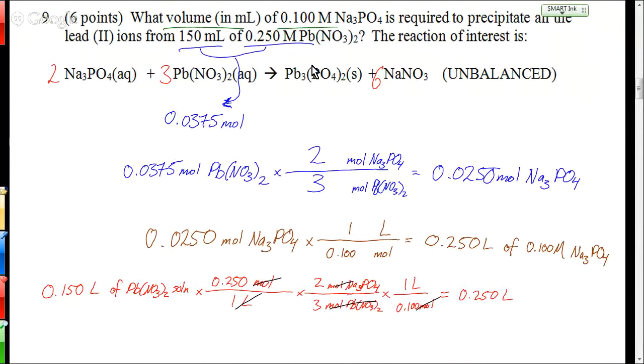One key with this, when you look at these different solution ones, it's really easy to try to jump to that M1 V1 equals M2 V2 thing, because that's so handy when it works. But that's really only for dilutions. It's true that you can do that this way if you put in a molar thing too to correct for the mole ratio. But if you just do it as is, M1 V1 equals M2 V2, it's not going to work in stuff like this. The reason is because there's not a 1-to-1 ratio between the two reactants.